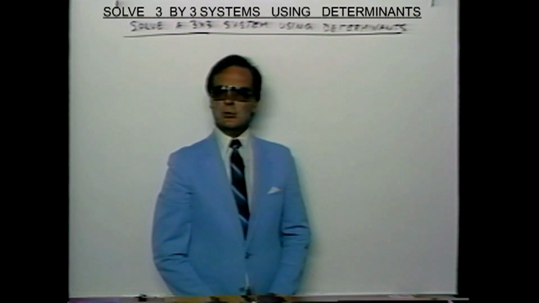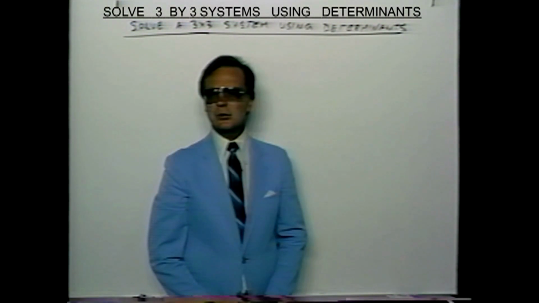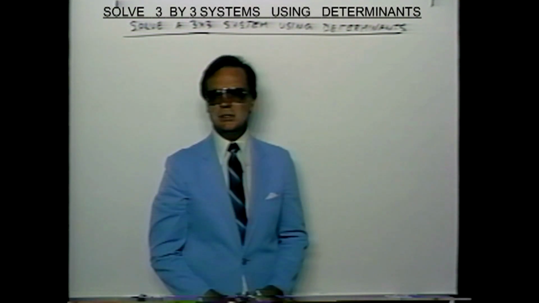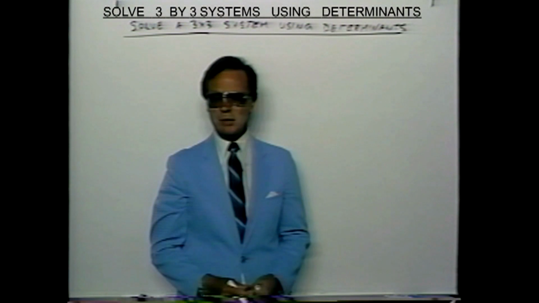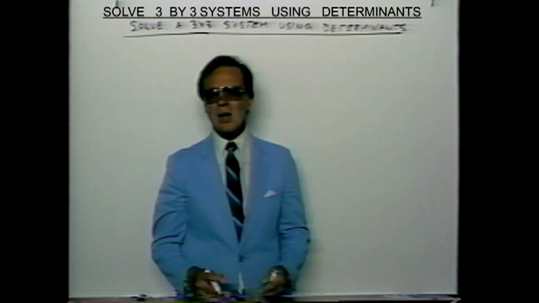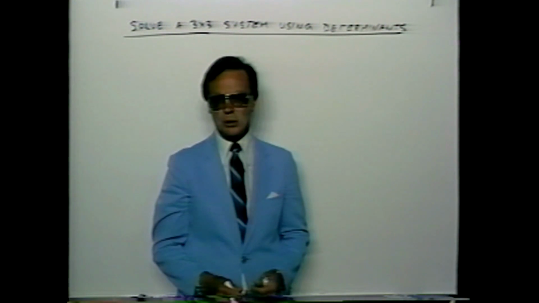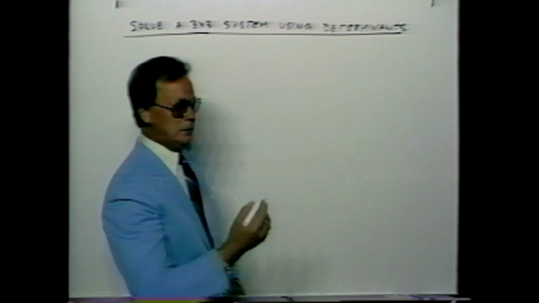The 3 by 3 determinant is reduced to the calculation of 3 2 by 2 determinants. In other words, there's a reduction in size of the determinant we begin with, but the trade-off is that you have several 2 by 2 determinants to work with. And this is the method.